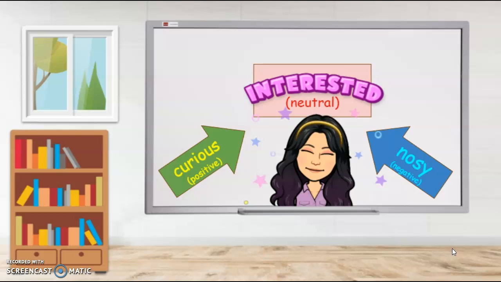What do you think of when you hear curious or nosy? Well, for me, curious has a positive connotation because it makes me think about somebody being interested in something in a good manner. And then we have the word nosy here. Well, nosy for me has a negative connotation because it makes me think that somebody's interested in something that is none of their business.